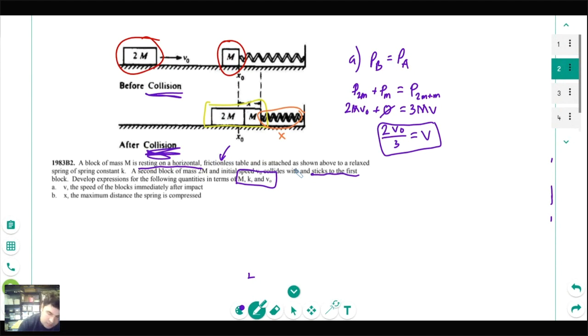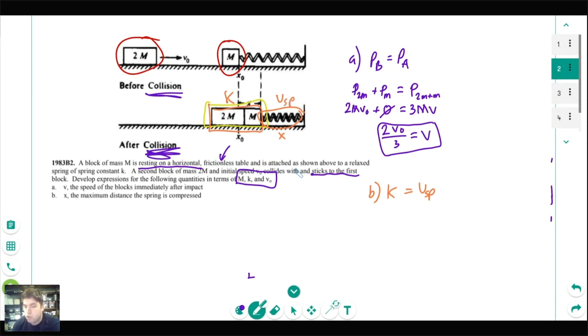So for part B, it's going to be easiest to say that I start with kinetic energy, and it turns into potential energy in a spring. We have all the potential energy being stored, all came from the kinetic energy of these two moving blocks. So kinetic and then potential in a spring.